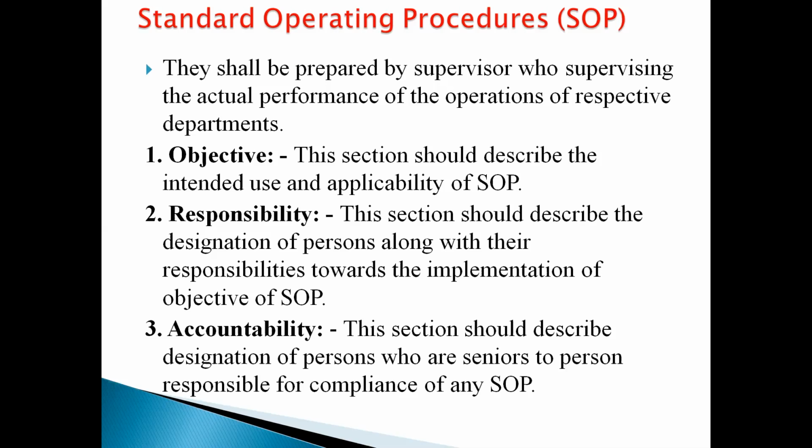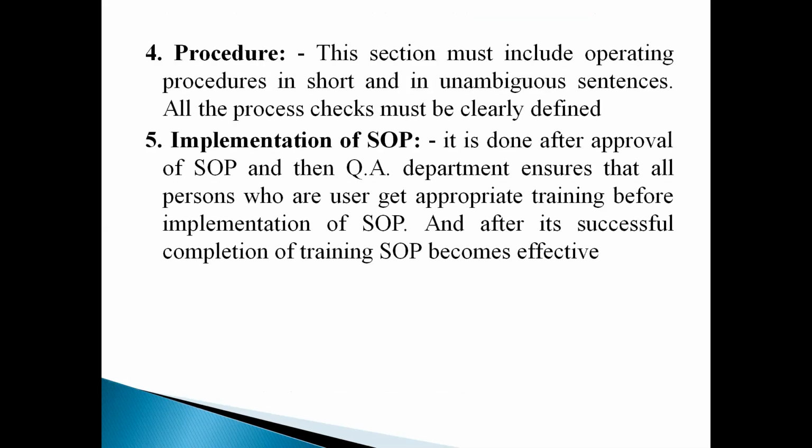Then accountability. This section should describe the designation of persons who are seniors to the person responsible for compliance of the SOP. Then procedure. This section must include the operating procedures in short and unambiguous sentences. All the process checks must be clearly defined.